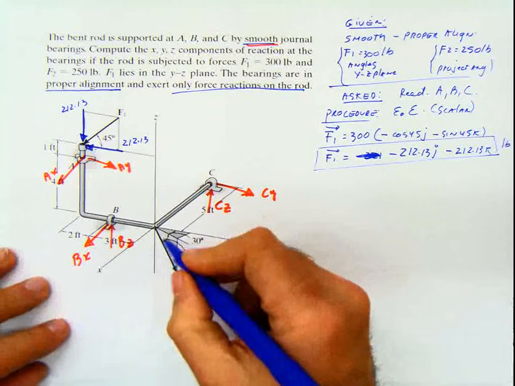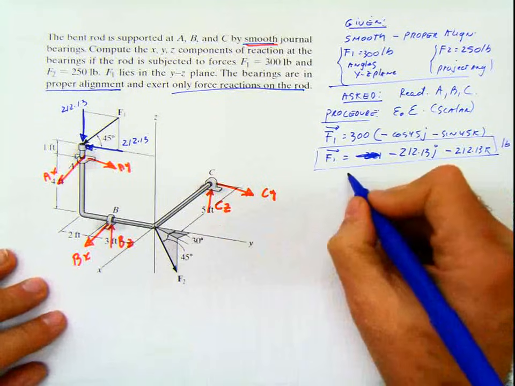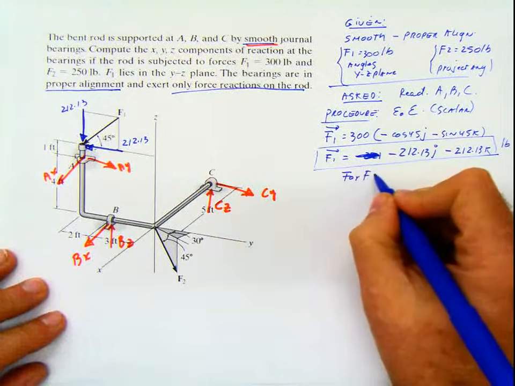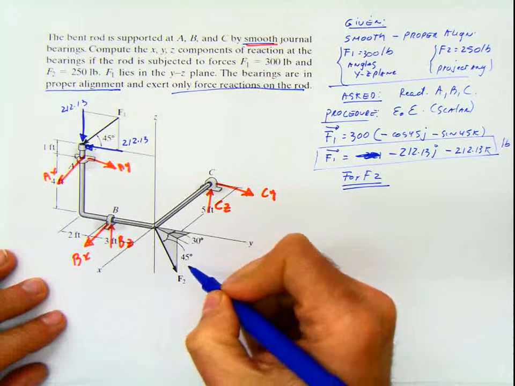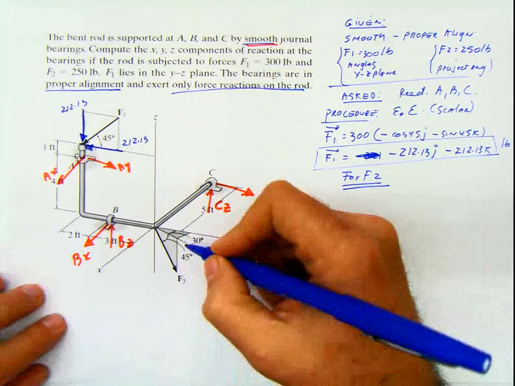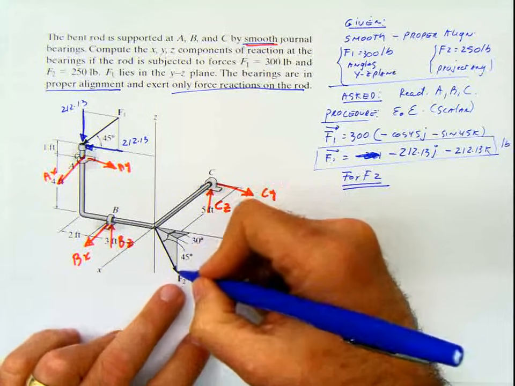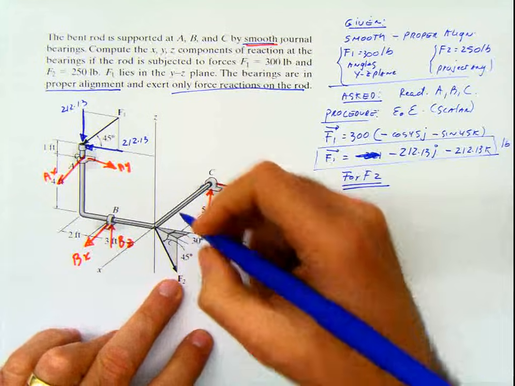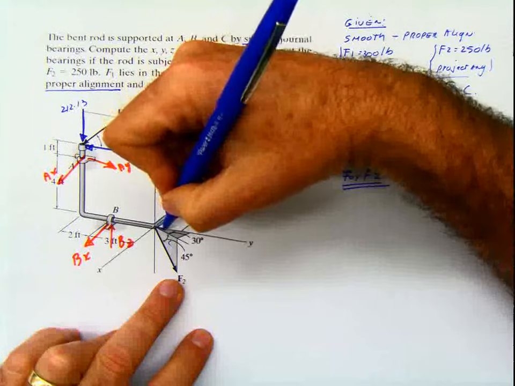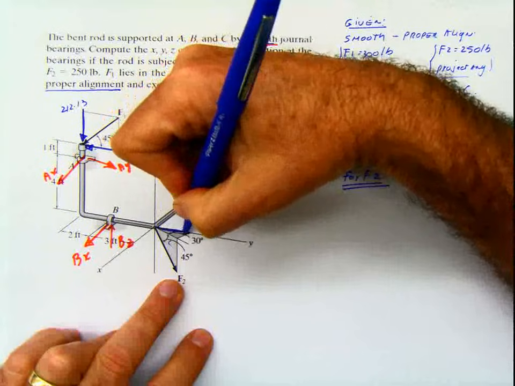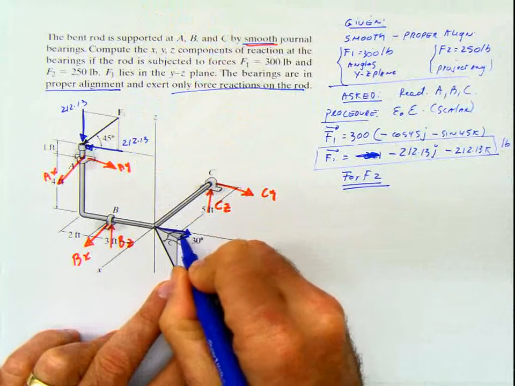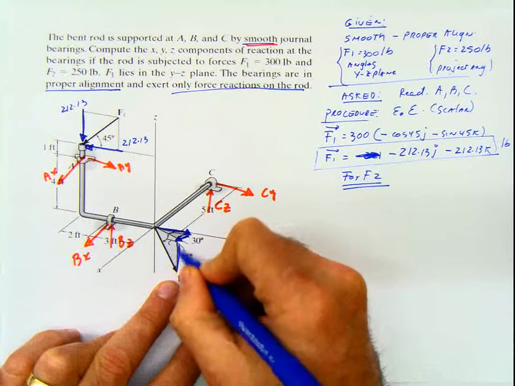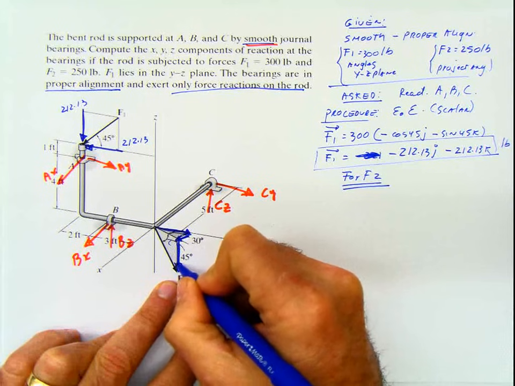For this other force, F2, what I'm given are the projection angles. So if I want to convert this force, F2, and resolve it into the components, I'm going to have this component acting here, this component acting here, and this component acting here.